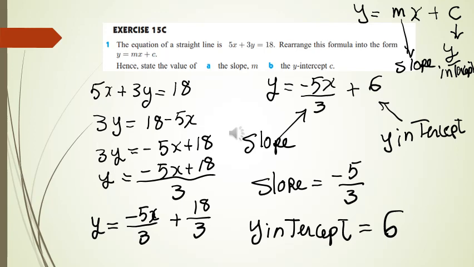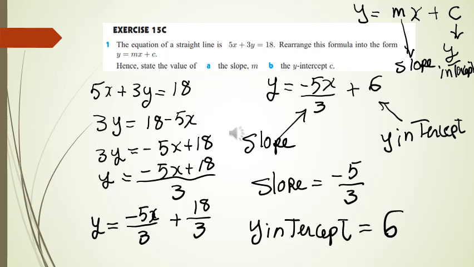But as you know, when you read the example carefully, it said y equals mx plus c. That means you need to put the term with x first. So you can do it as follows: 3y equals negative 5x, don't forget that the 5 has a negative sign, plus 18.